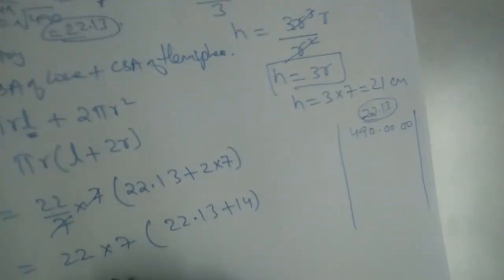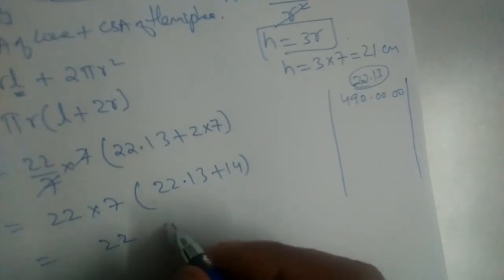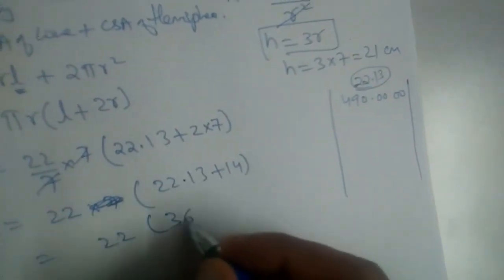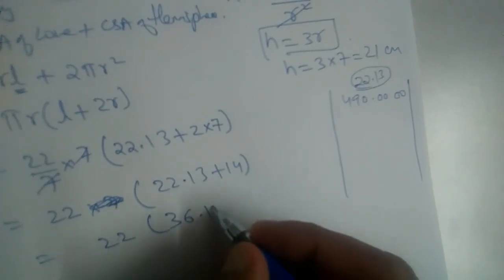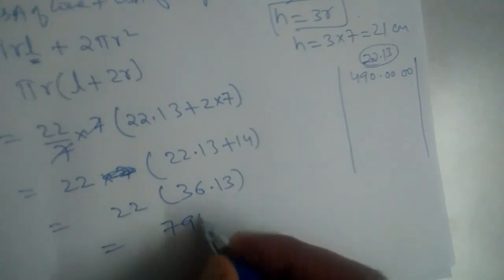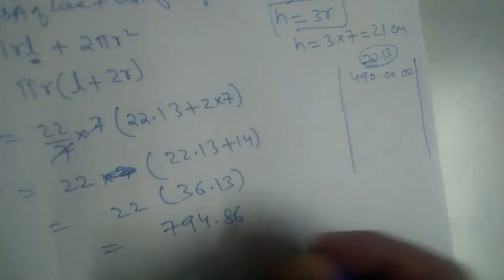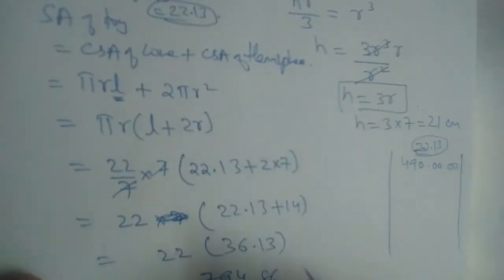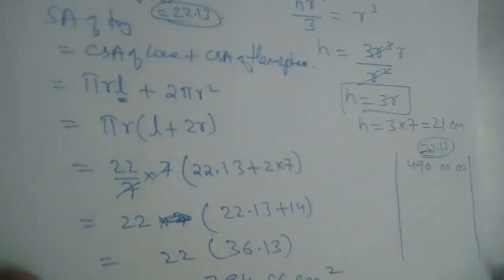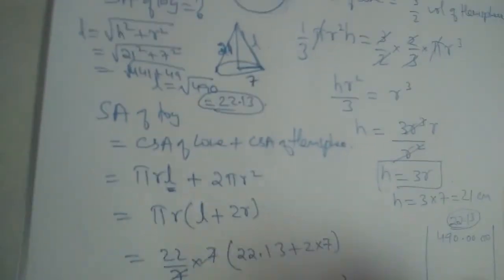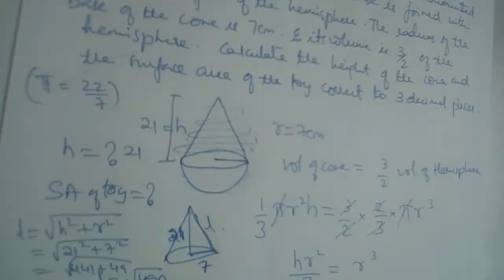So this will give us 36.13. So if you multiply this number, we will have 794.86 approximately. Okay, this is the surface area. So 794.86 centimeter square, surface area of this toy. Okay.